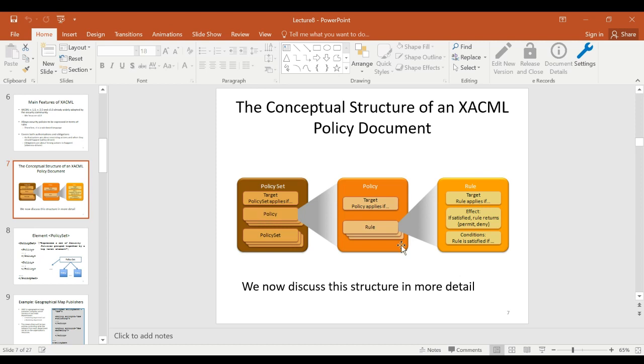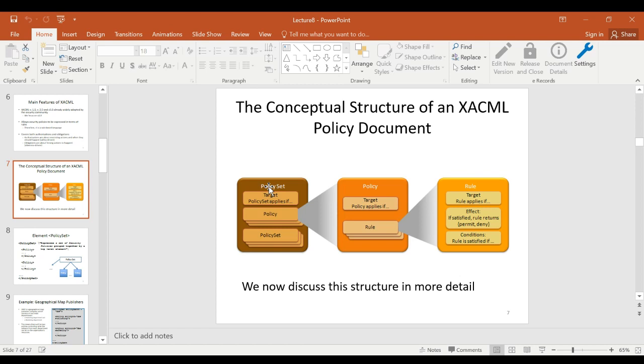Again, you can cascade the decision for the policy into a policy set. You would have multiple policies, each one of them with its own decision, and therefore you would like to combine those multiple decisions into a single decision at the level of the policy set.